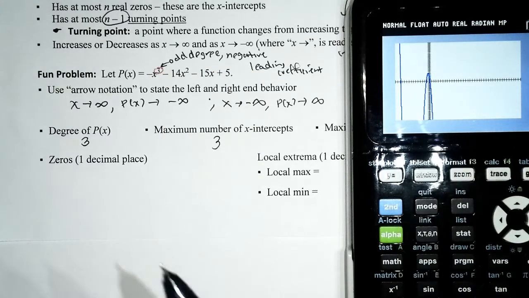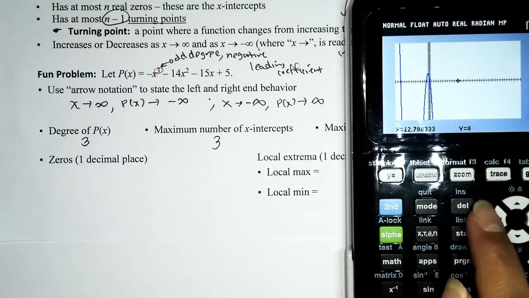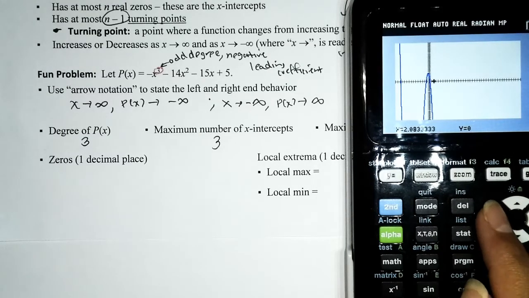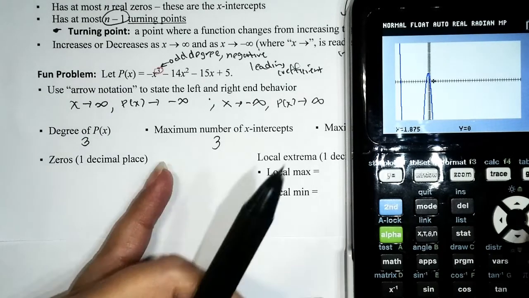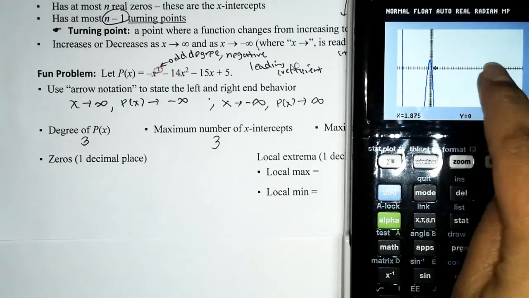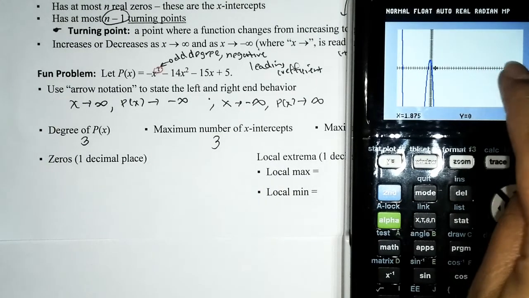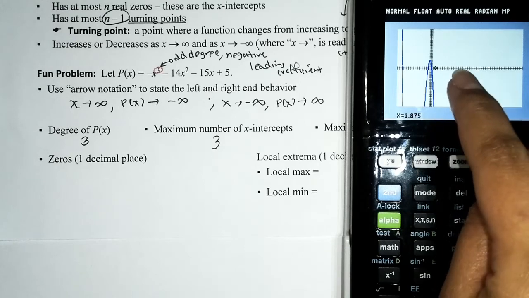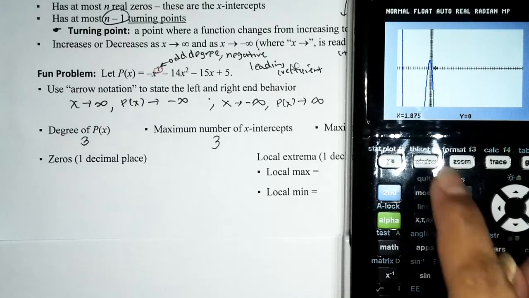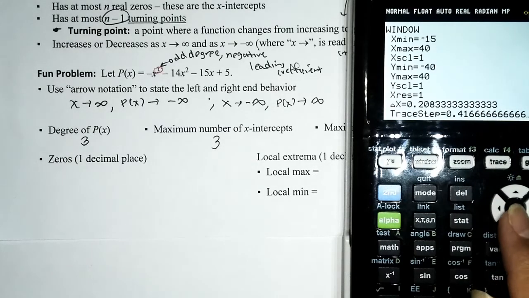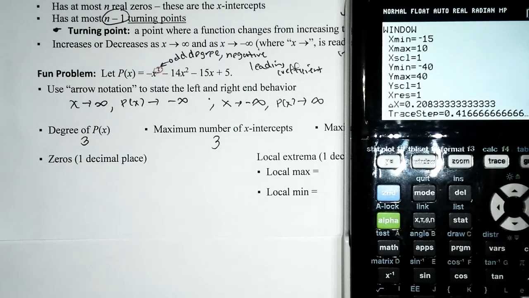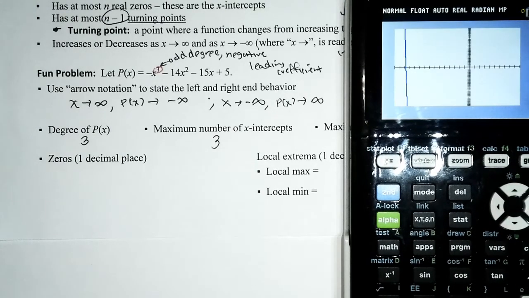So let me just use my side arrows to see where I'm at. Right now the x value is at 1, so we don't need this much white space. So I'm going to change it to 5 or 10 depending on the mood that I'm in. Okay, I'll just change it to 10, kind of like the standard viewing window.